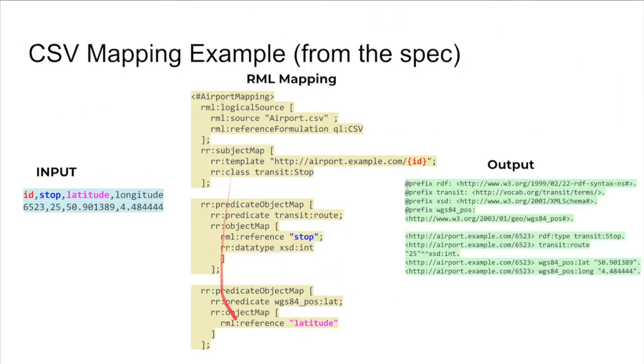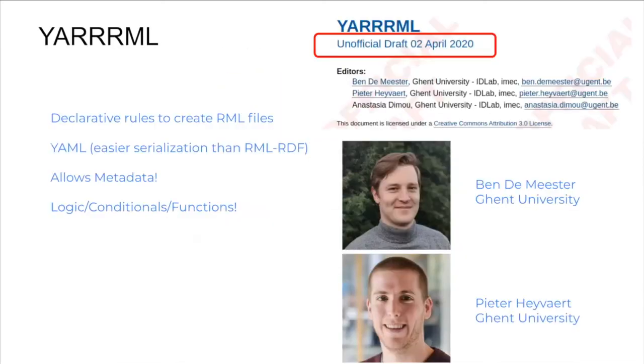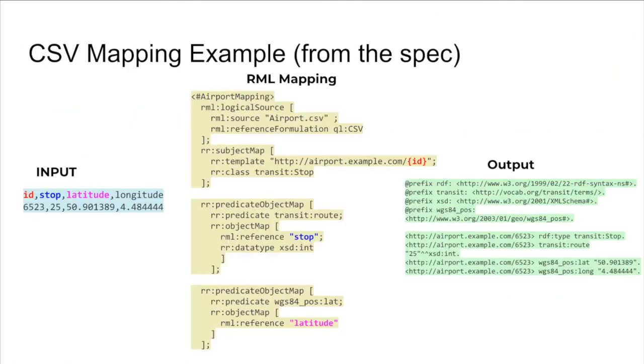Now, these are nightmarish. They're nightmarish to maintain, they're nightmarish to write, they're nightmarish to modify, and they're hard to read. So another couple of researchers from Ghent have created an easier, human-readable language called YARRRML, which creates declarative rules that can be used to automatically write these files.